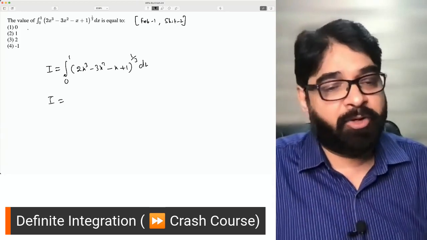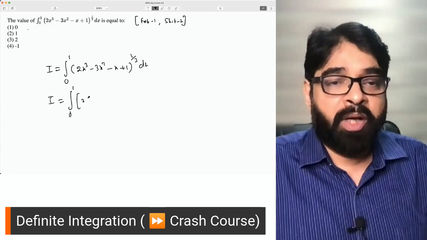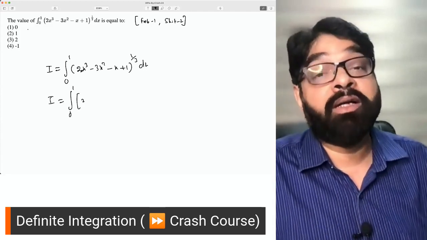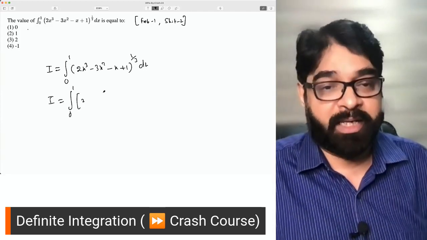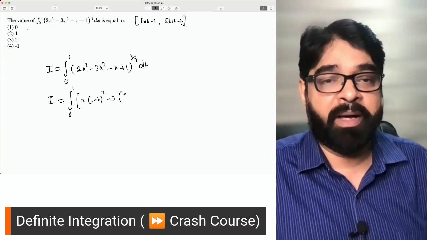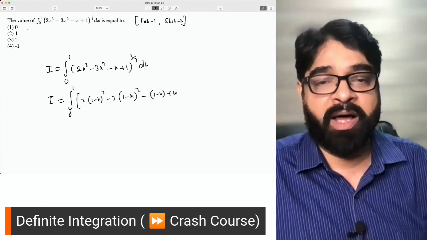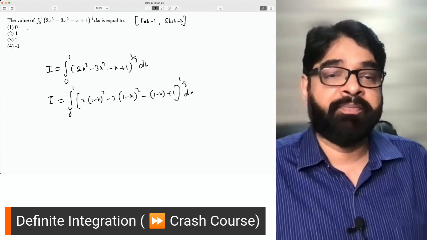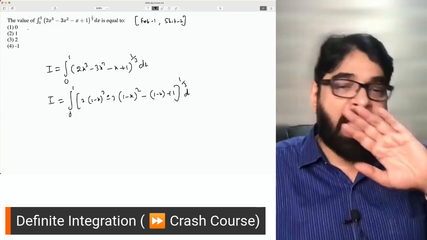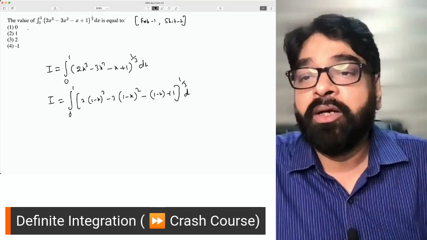It will remain I only, from 0 to 1, and x will be replaced by the sum of limits minus x, means 1 minus x. So (2(1 minus x) whole cube minus 3(1 minus x) whole square minus (1 minus x) plus 1) power 1 by 3 dx. Let's expand this. I will always suggest you to expand properly because this is the point where people make mistakes.